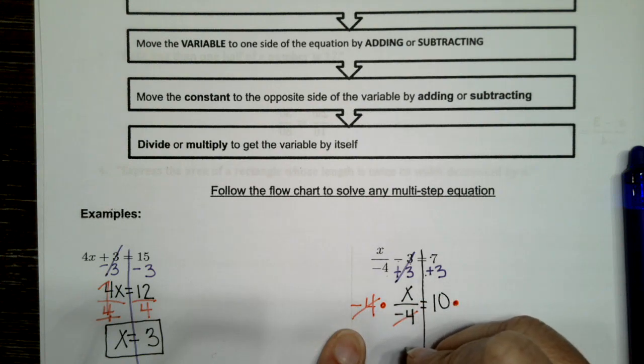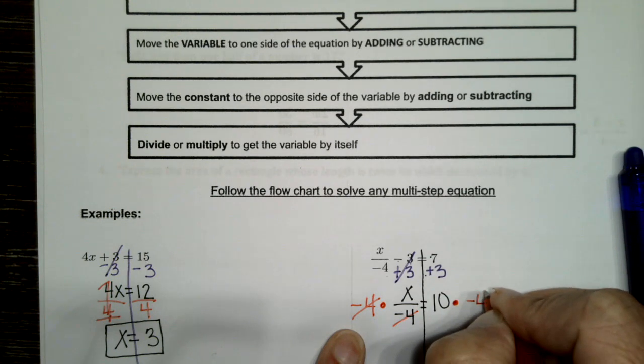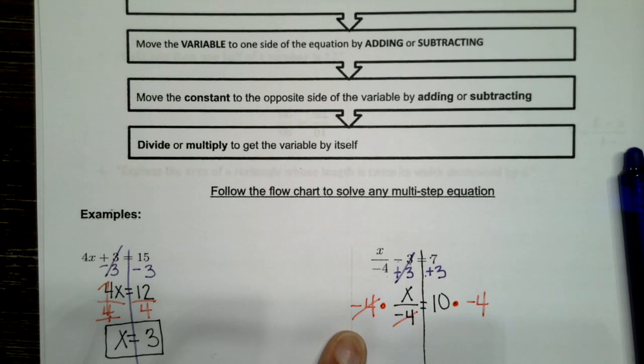They make 1. So whatever I do on one side, I have to do on the other side in order to make an equivalent statement. And then I've got x is equal to 10 times negative 4 is negative 40. And that is my final answer.